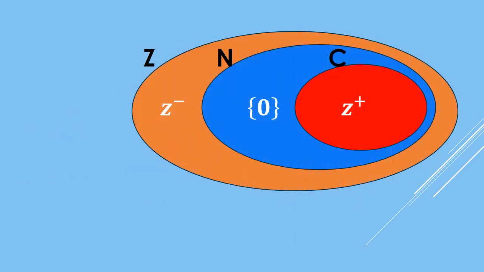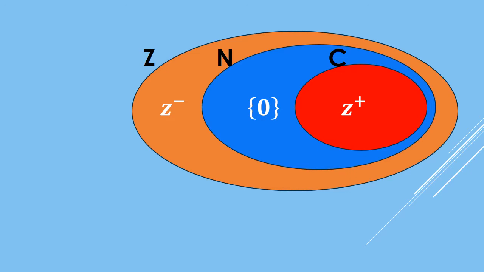We studied this Venn diagram before. Counting numbers or Z positive, union the set of 0 equals natural numbers, and N union Z negative equals Z, all integer numbers.